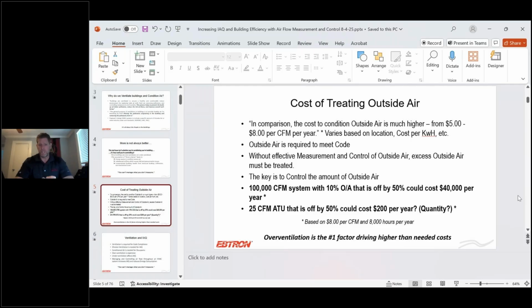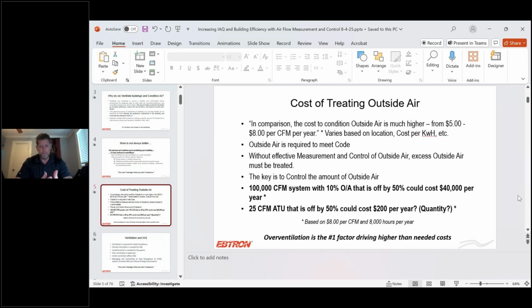So how much does it cost to treat outside air? People have asked me this question, and the answer is I don't know specifically for everybody's location, because of different kilowatt costs. Are you in a hot, humid, cold, humid, or hot, dry environment? What's your environment?